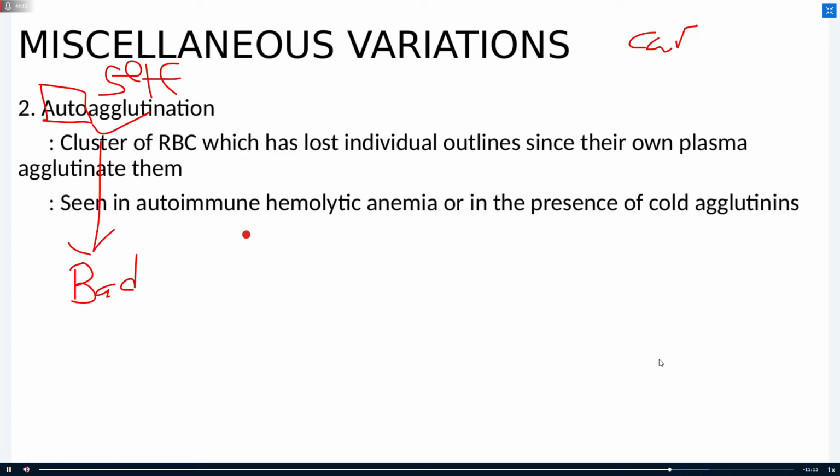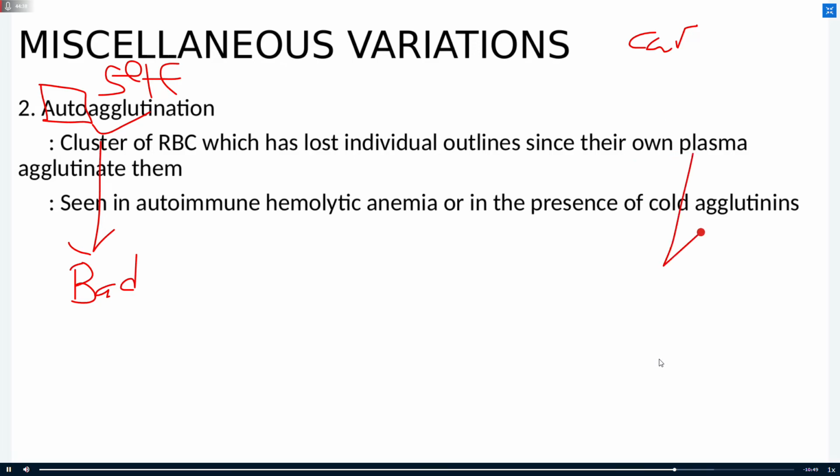Stroke. Blood clot yan. So, aneurysm sa utak. Okay. What else? Stroke. Heart attack. So, myocardial infarction. Meron pa ba? Okay. So, this would happen, class, wherein your own plasma would agglutinate them.